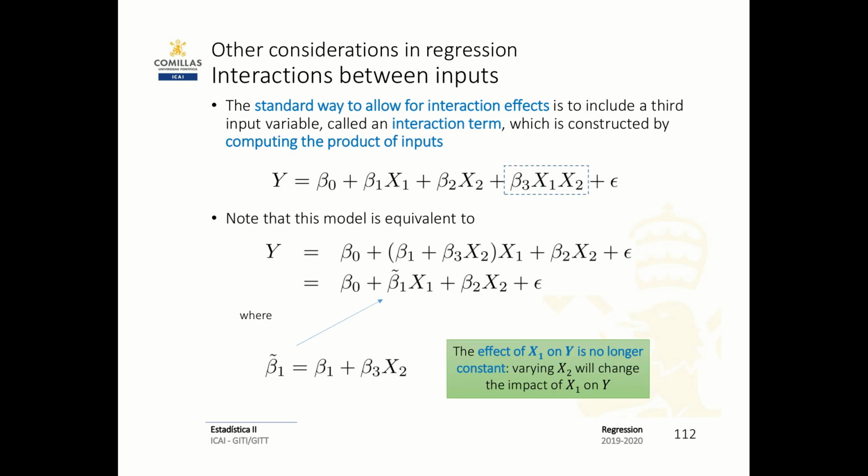Okay, so now we can reinterpret this term beta 3 x1 times x2. We can factor out the term x1, also taking into account this beta 1 x1, to write it this way. So what we have is that the slope, or the dependence of y on x1, depends on x2.